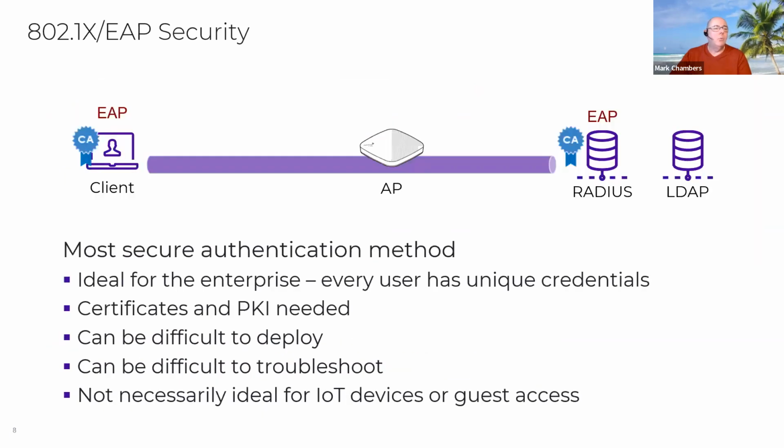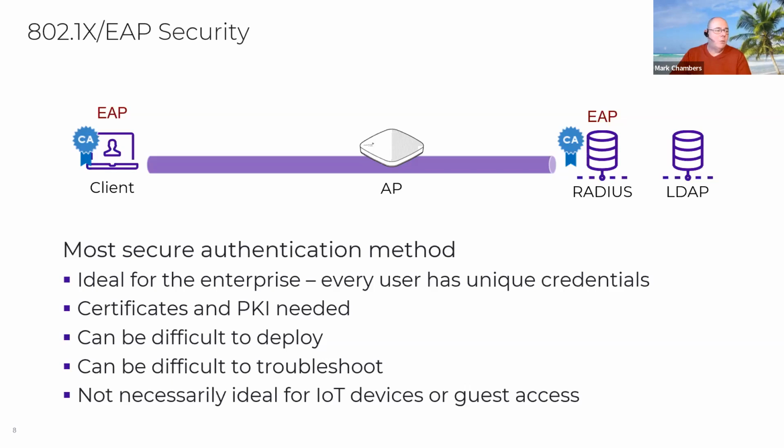Now, of course, this is very widely deployed. Most of the enterprises I visit have WPA2 Enterprise installed, but it is complex to set up. You do need certificates, and you need some method of managing those certificates, so some kind of PKI infrastructure in the background.